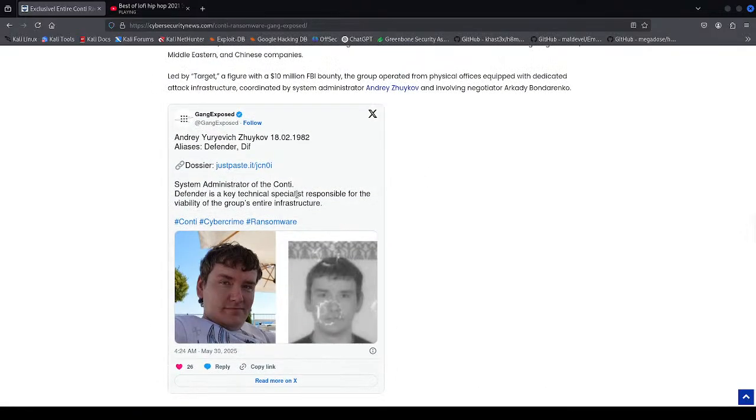System administrator of the Conti Defender is a key technical specialist responsible for the viability of the group's entire infrastructure. So this guy right here. So it sounds like these guys had a dedicated office building or an office spot where they did all their hacking from, and this guy right here was the system administrator of the computers that were used for that.